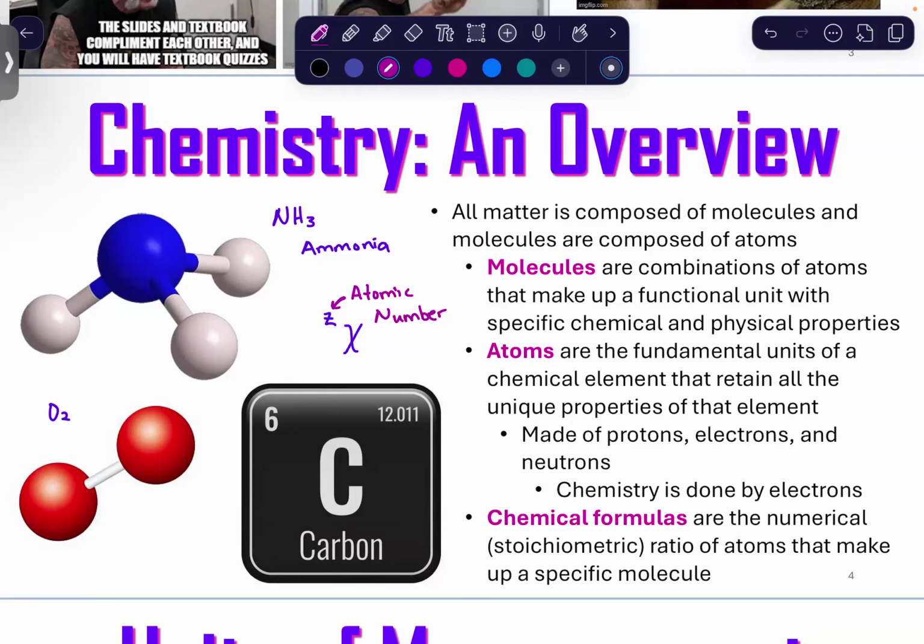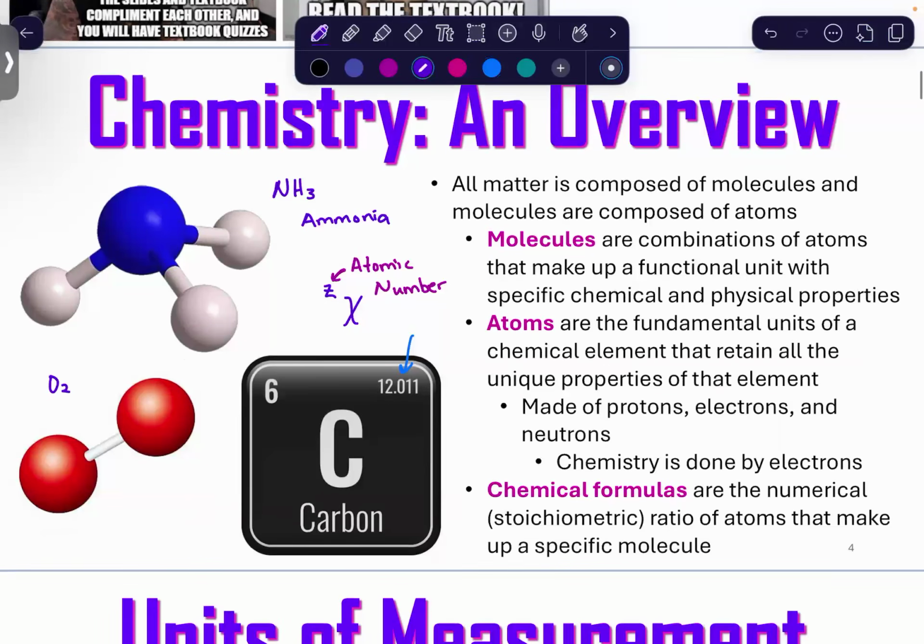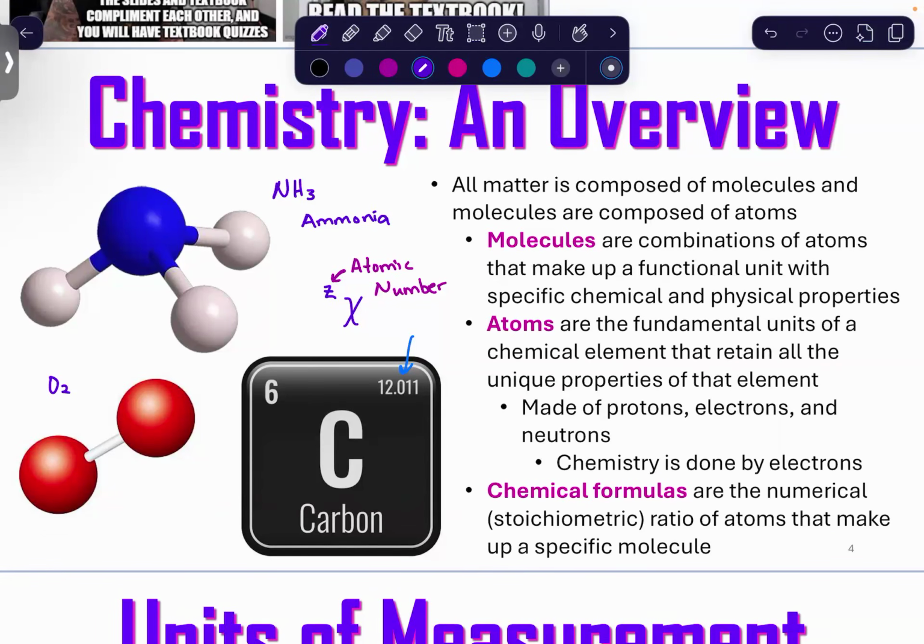Another thing to keep in mind is that number right there. That's going to be your mass number. You can read it 2 different ways. So carbon, for example, you can say that every carbon atom weighs 12.01 AMUs.